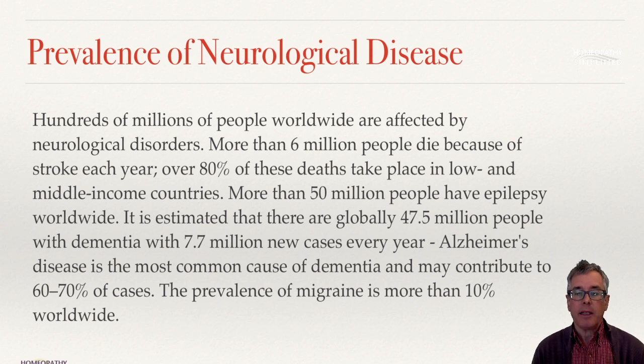It's estimated that globally there are 47.5 million people with dementia, with 7.7 million new cases every year, Alzheimer's disease being the most common cause of dementia and contributing to 60 to 70% of those cases. Amazingly, the prevalence of migraines is more than 10% of the population worldwide. A lot.